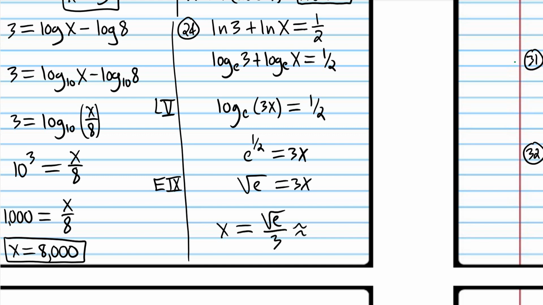So in my iPhone, I'm going to push the button in the middle, E. Then at the middle left, I'm going to push the square root button. So I get 1.6487, and it just keeps going on and on. Then I'm going to divide that by 3, and we got our answer.